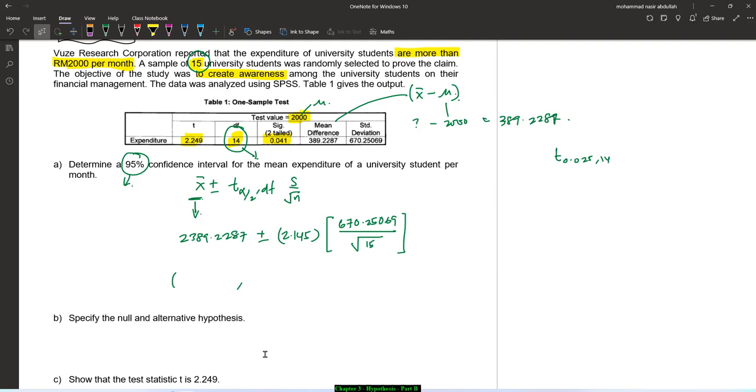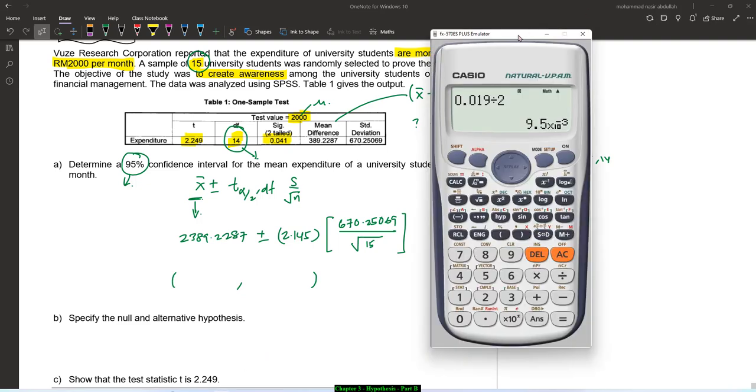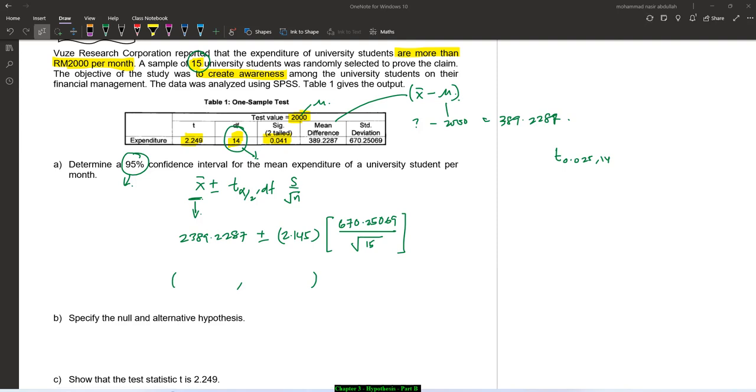So what is the lower confidence limit and upper confidence limit? Haris Danish, what is the lower confidence limit? Calculate for me. 2018.02.